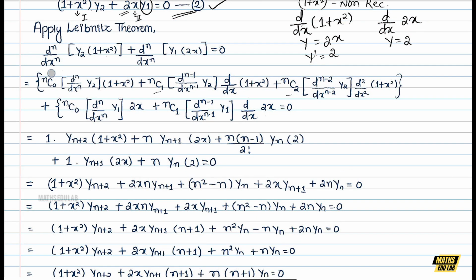Now substitute the values. The value of nC0 is 1, and here we have d^n/dx^n y2. If you see here y2, the power is given n, so plus n. So we can write y(n+2).